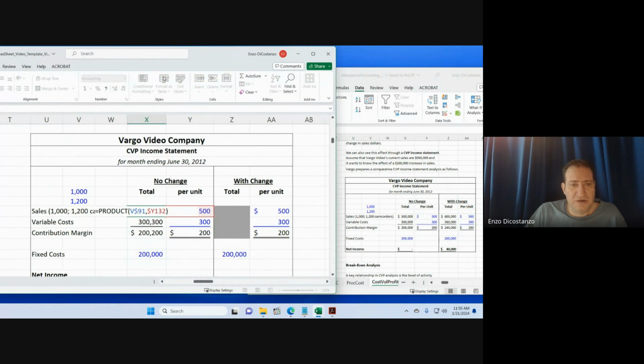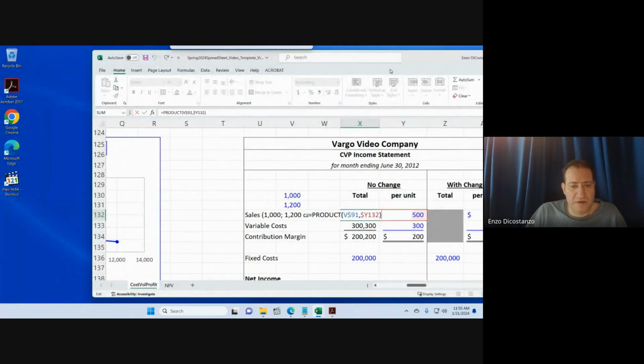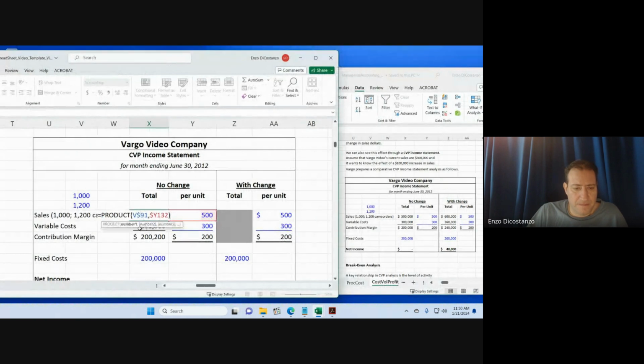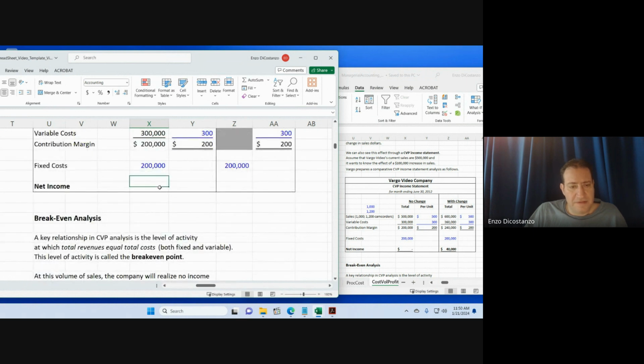So 500 is good, and we're looking at 130. Here's these numbers. This is just the delta, the difference here. And this is going to be equal to what you're contributing minus the fixed, and you get 0 out of that.